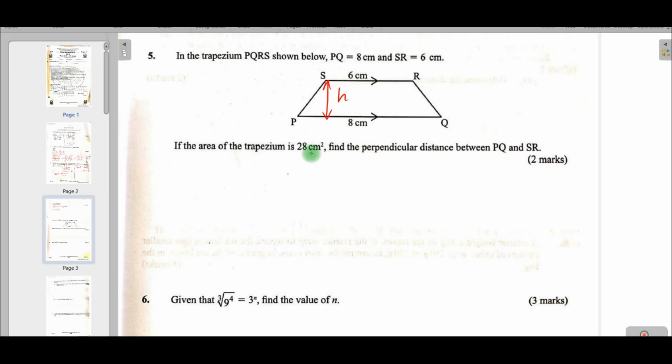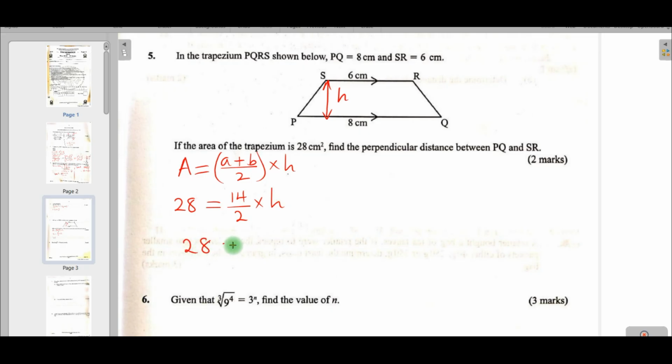h. And you know the formula for finding area of a trapezium is given by the average of the two parallel sides multiplied by the perpendicular height. Area given is 28 will be equal to the sum of the two parallel sides, a plus b, that is 6 plus 8, which is 14, divided by 2, then times the perpendicular distance, which is the perpendicular height.